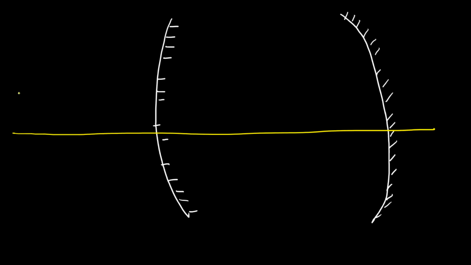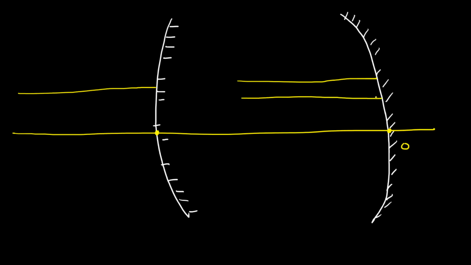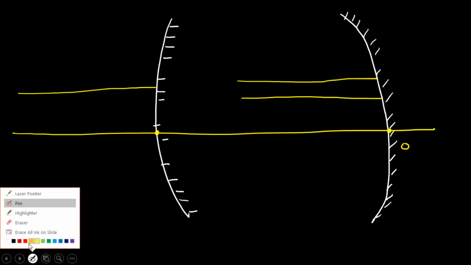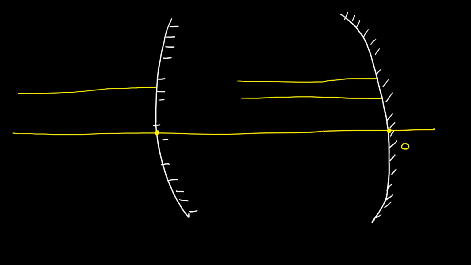If the rays are parallel to this x-axis, where this is the optical center, then it's very easy to predict the reflected ray, and the reflected ray is simply going to pass through the focus.